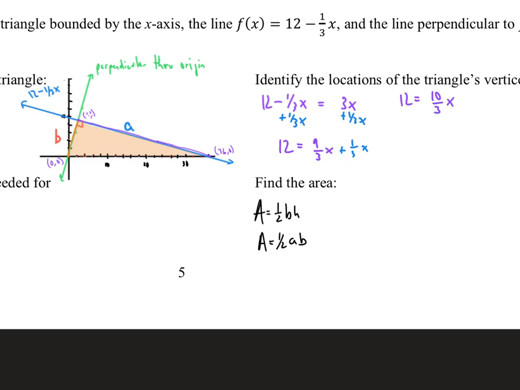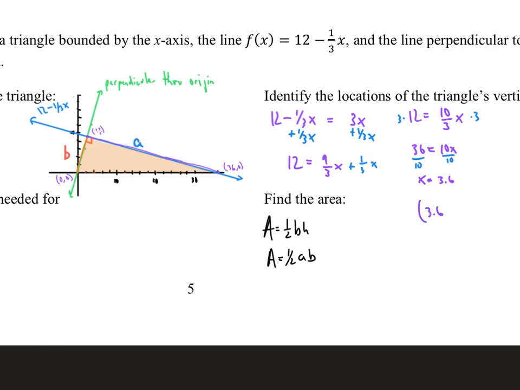To solve for x, I'm going to multiply both sides by 3. That means that 36 is equal to 10x. Of course, divide by 10 here. So x equals 3.6. So that's the x value of my point.